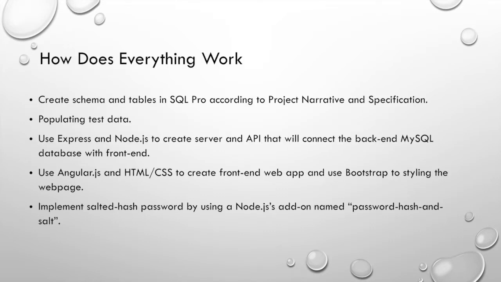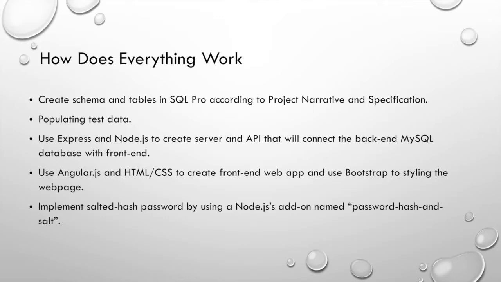Next, I'm talking about how we run everything and how everything is set up. First, we create the schema and tables in SQL according to our project's narrative and specification, and we are using SQL Pro as our UI. Then we populate test data that will help us test our complex SQLs and also the task SQLs.